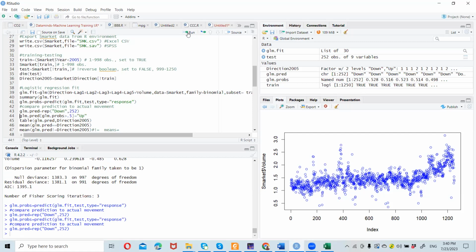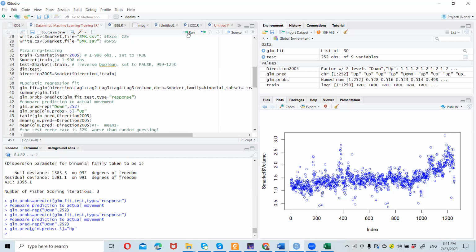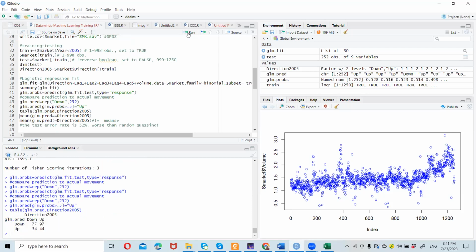Now the next thing, in an attempt to obtain our confusion matrix, is to go the route we took the previous time. We can now obtain our error rate here, following up to line 45.